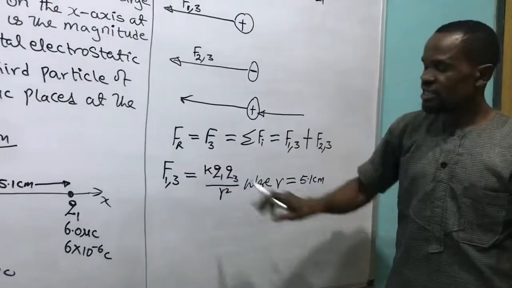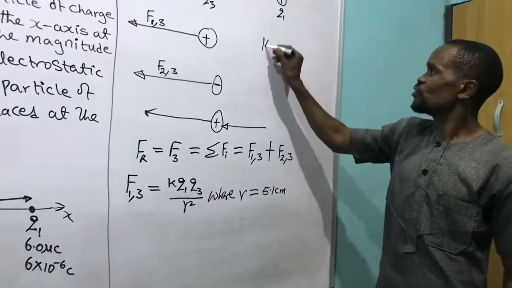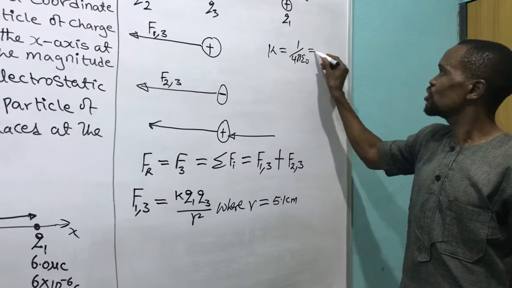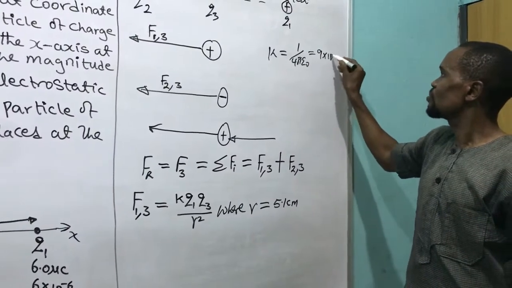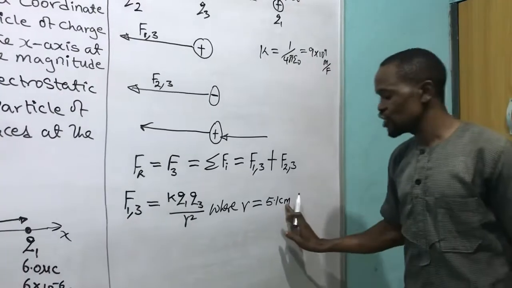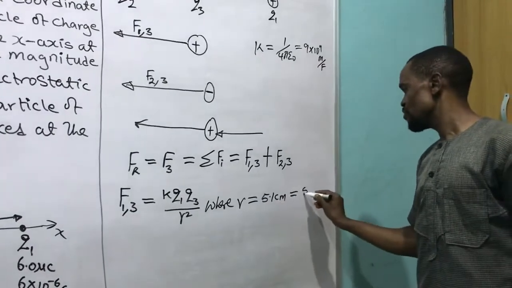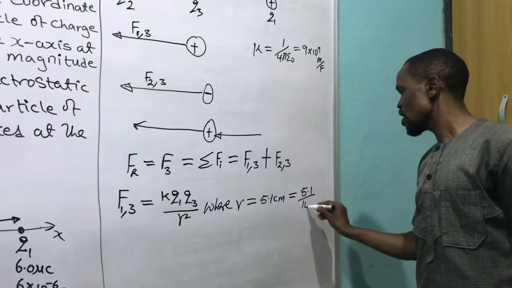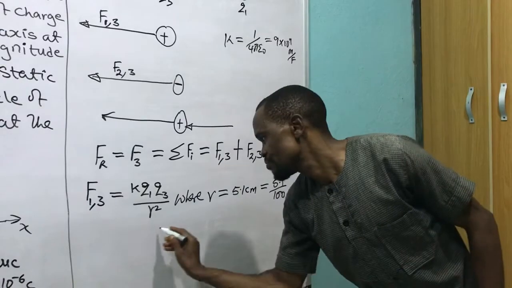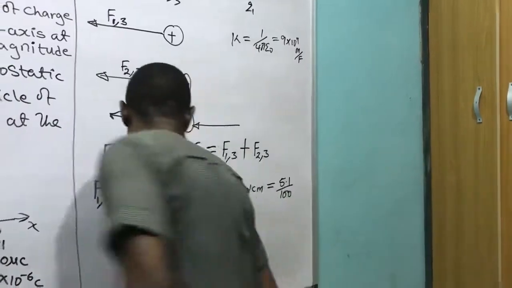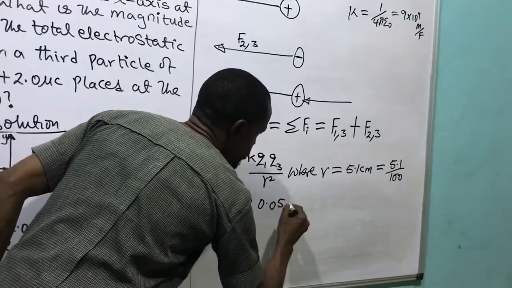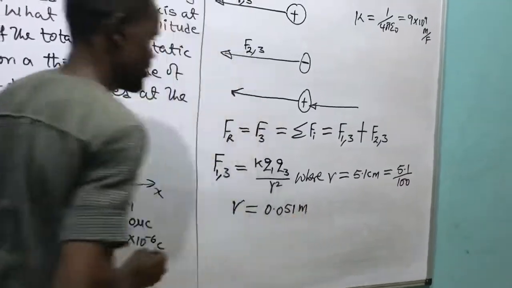The value of K is given as K equals 1 over 4 pi epsilon naught, which equals 9 times 10 raised to the power 9, in newton meter squared per coulomb squared. I have to change this to meters. That means 5.1 divided by 100 when we want to change to meters, and that implies that R is equal to 0.051 meter.